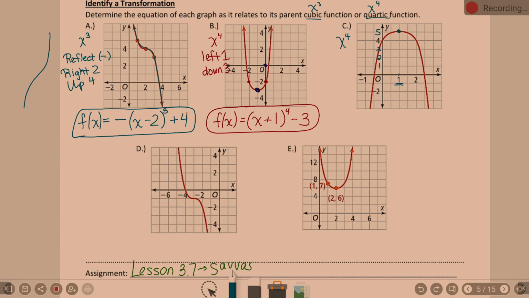So can we agree that the graph moved right 1 and up 5? Okay. What else do we need to talk about? The reflection. Yeah, it's not a right side up U, it's an upside down U. So in order to show reflection, we're going to include a negative, yes?